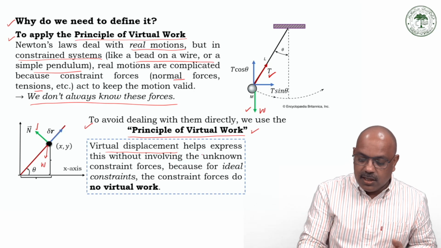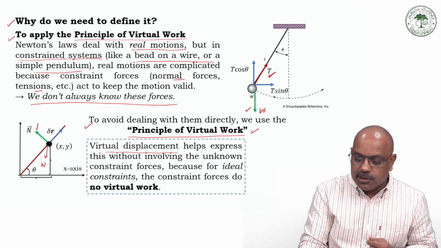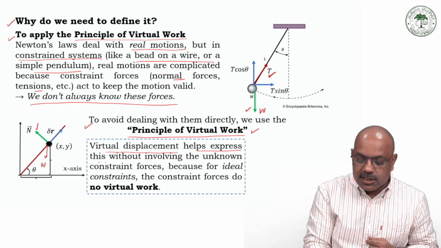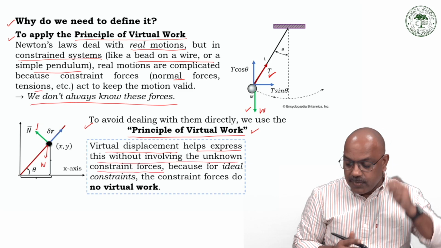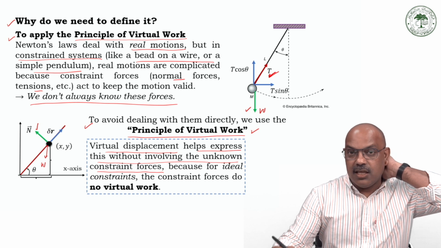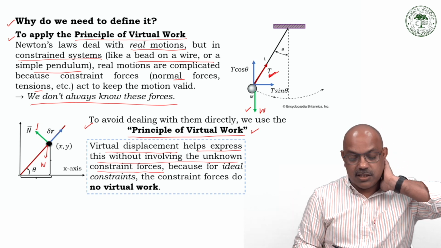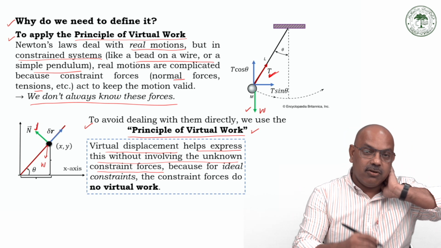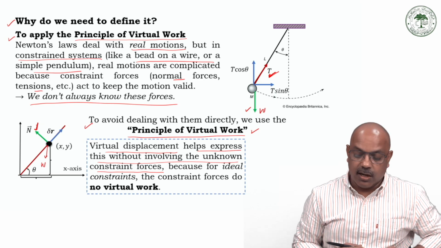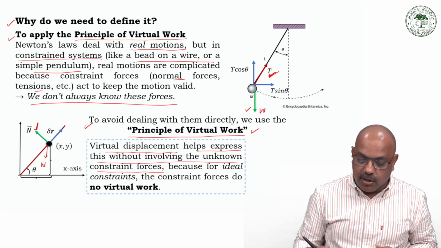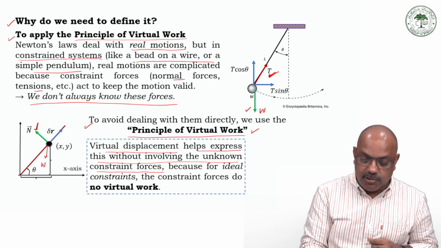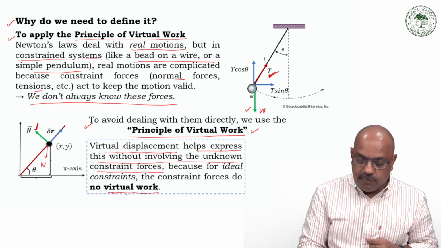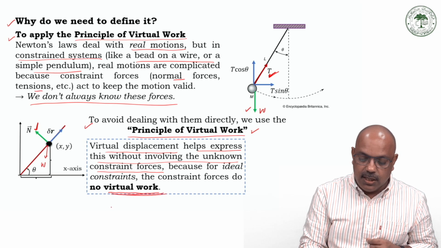So virtual work and virtual displacement help to express this without involving unknown constraint forces. The tension in this simple pendulum is one of the constraint forces. The normal force acting on this bead is also a type of constraint force. We will try to show that the work done by the virtual displacement is going to be 0.